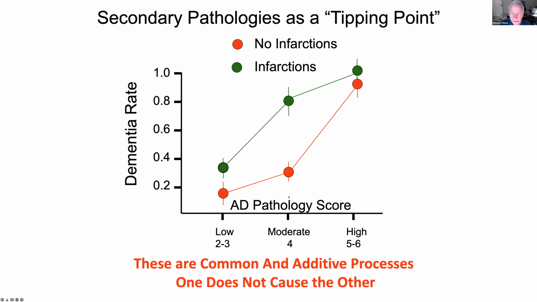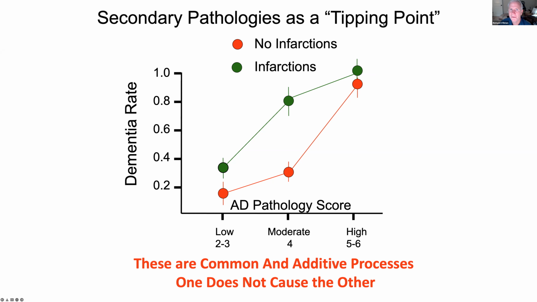But the people in between with moderate scores, which is only 1 point, but it's where the vast majority of people live when they die, those without strokes, the red dot, have a pretty low incidence of dementia, whereas those with vascular disease have a very high incidence of dementia. So it's the combination of the two disorders that leads to dementia in these groups.